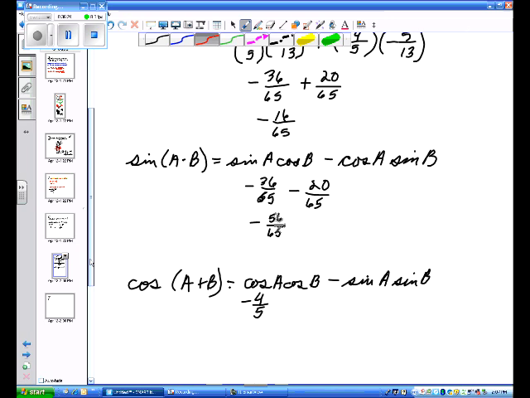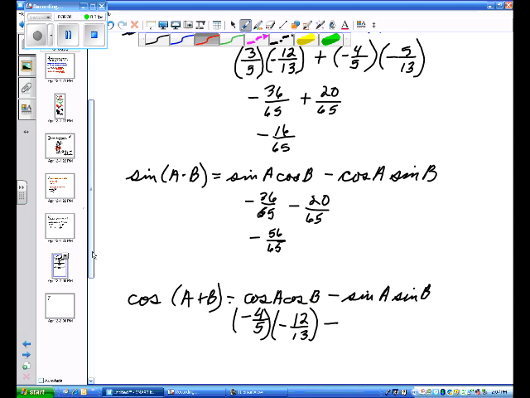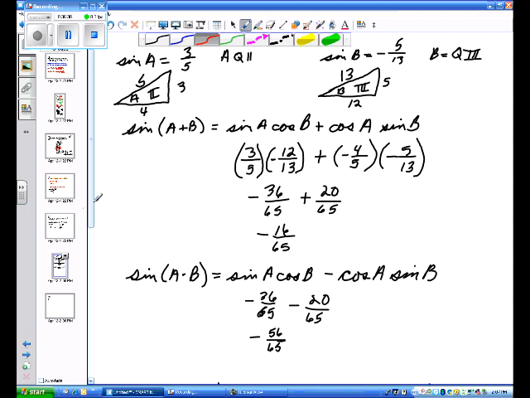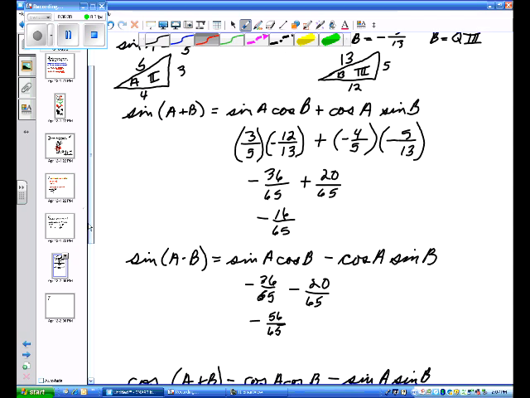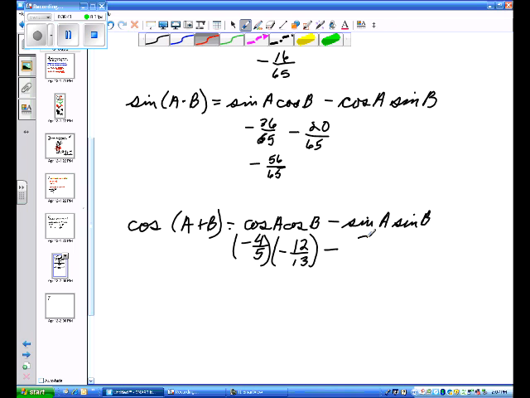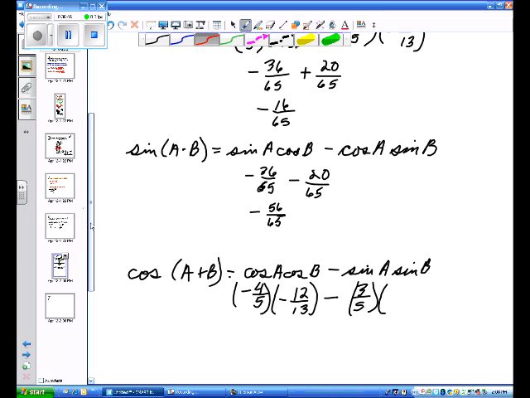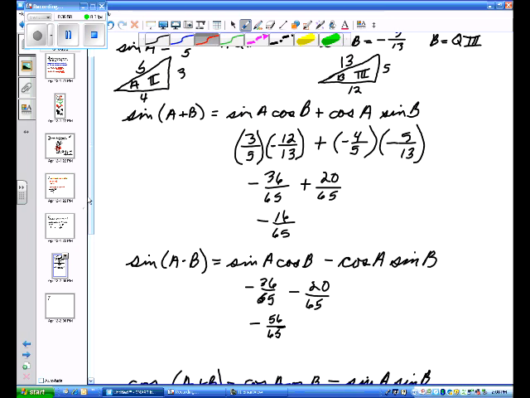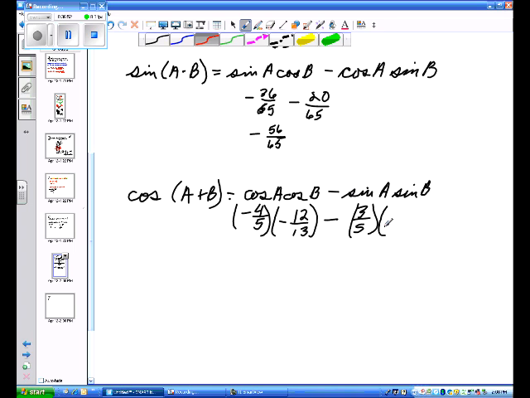We're in quadrant 3, so it was negative. The sine of a would be 3/5. We're in quadrant 2, so it was positive. And the sine of b would be 5/13. We're in quadrant 3, so it's negative.